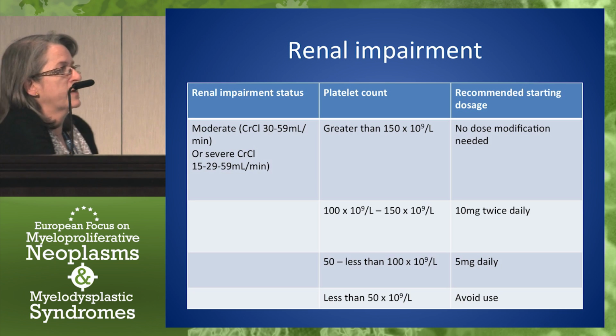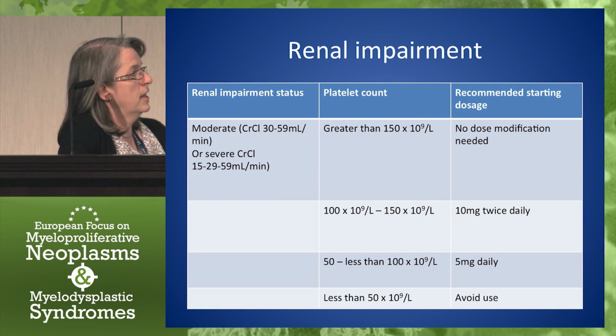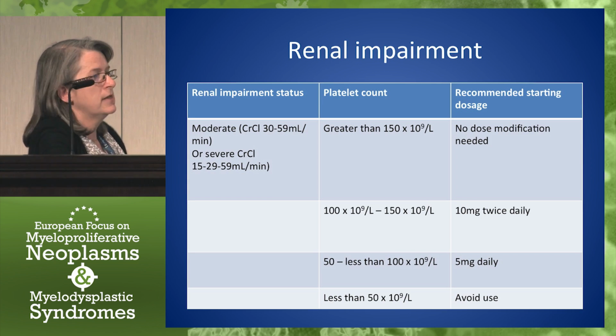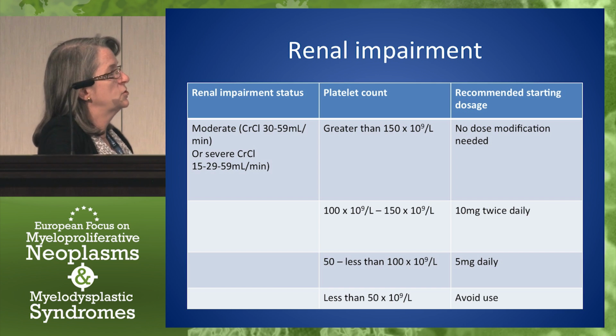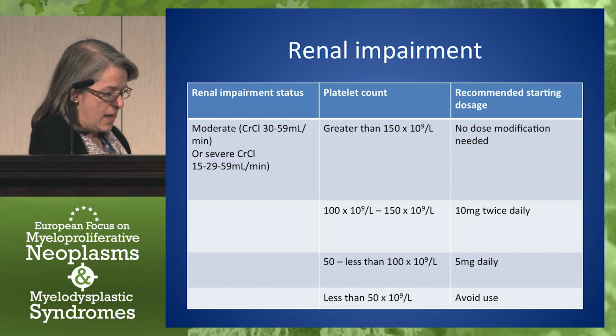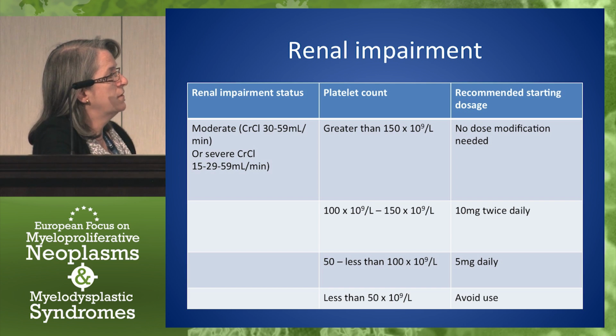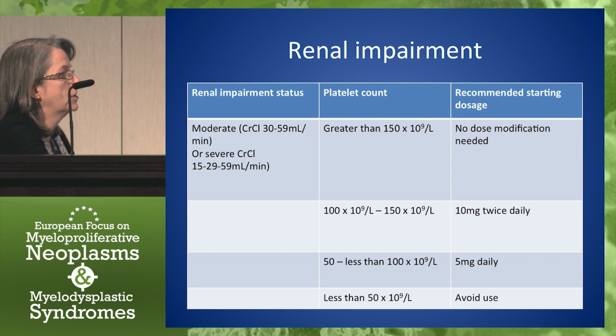So specifically then, looking at renal impairment, is there any advice or anything you need to do to manage renal impairment? The advice is that if it's moderate or severe renal impairment, then again, what you need to do depends on the platelet count.